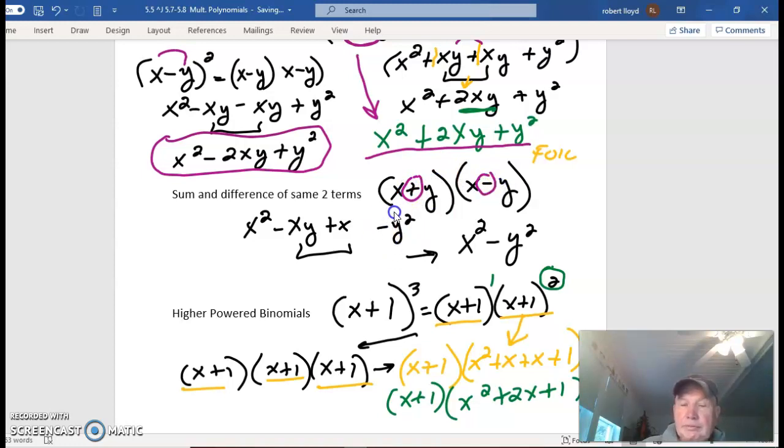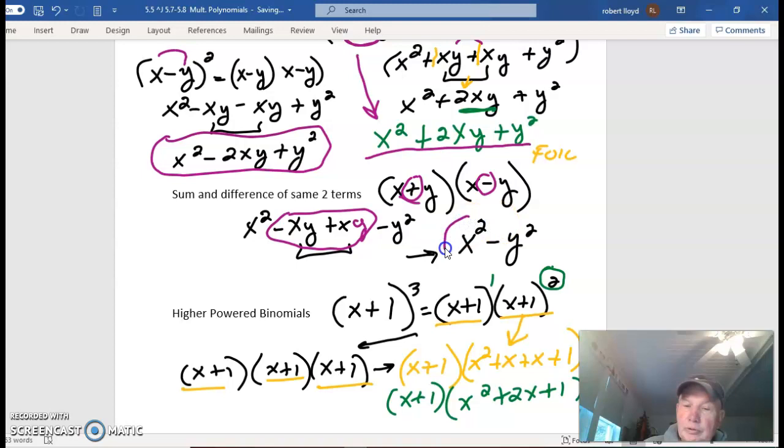So when you do that, you're going to notice that if you FOIL it, you're going to have x squared for your first term, negative xy for the outside and positive xy for the inside. So these are going to go away. And then last times last is your negative y squared.